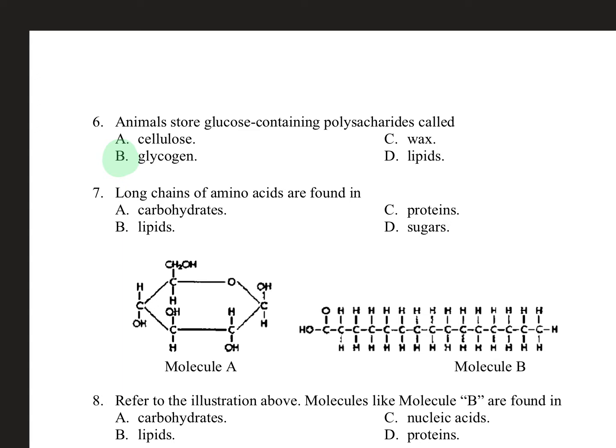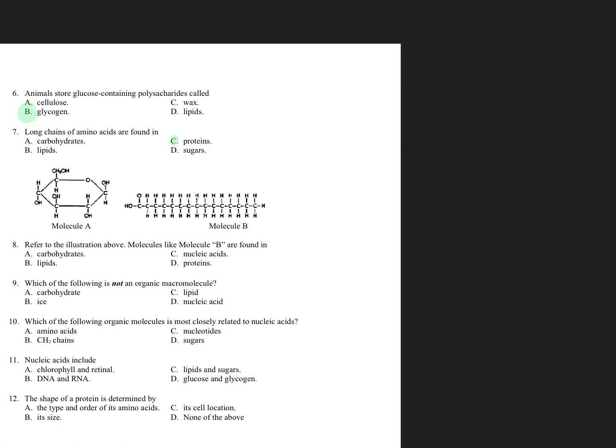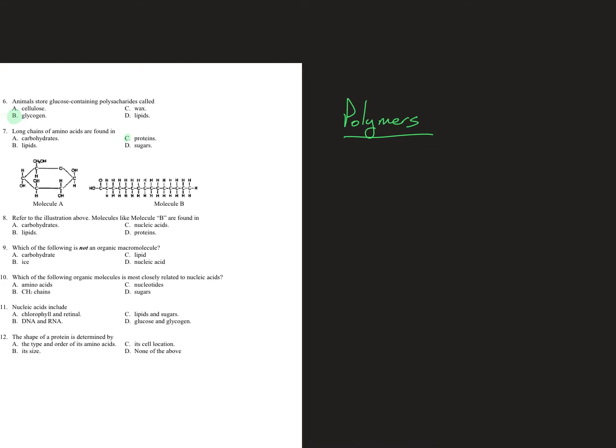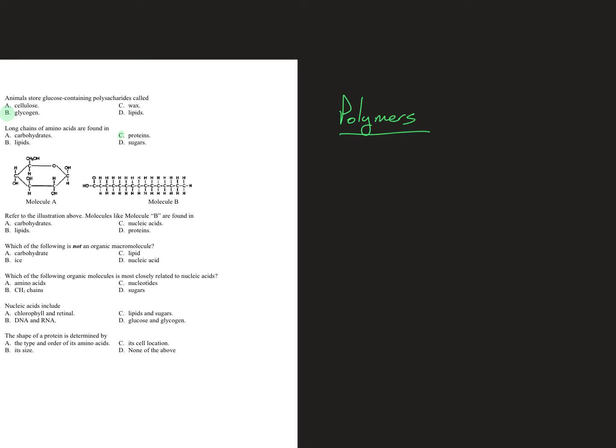So the answer is proteins. Now, we talked about long chains, about this idea of polymers. And we talked about amino acids, and we said amino acids have an acid group, C double bond O, single bond OH, connected.